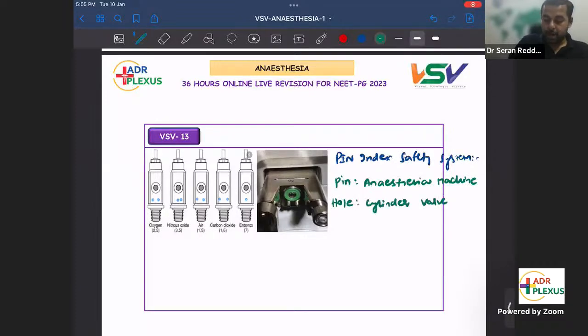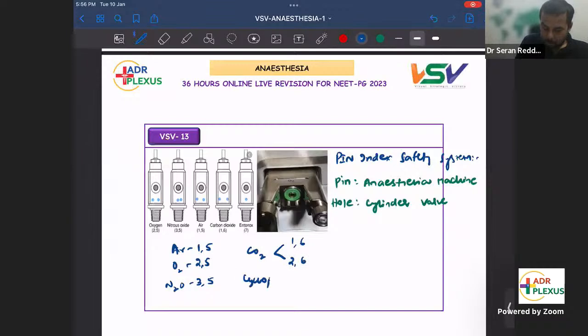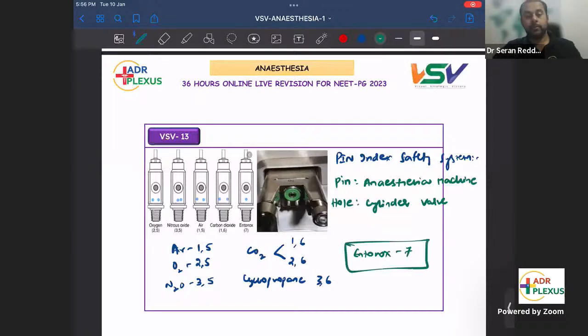What are the important pin index forms? Air 1,5, oxygen 2,5, nitrous oxide 3,5, carbon dioxide 1,6 and 2,6, cyclopropane 3,6. The only exception is nitrous oxide, which has a pin index of 7, a single number.